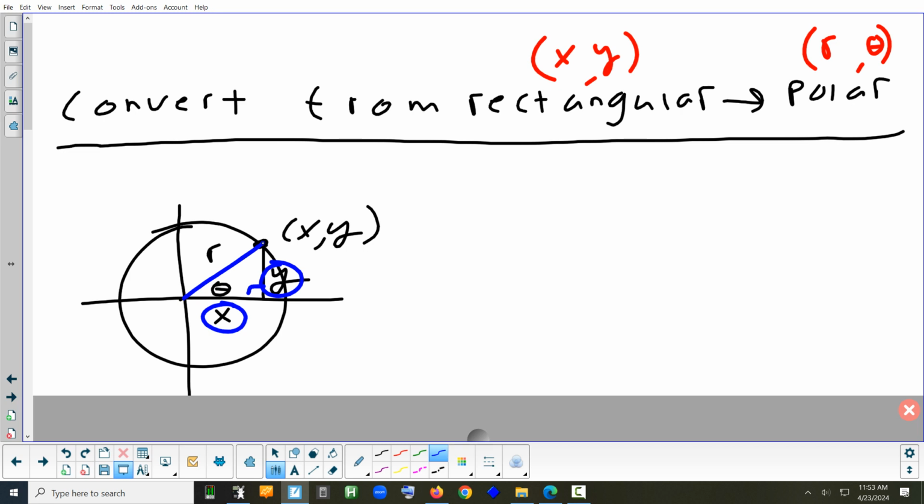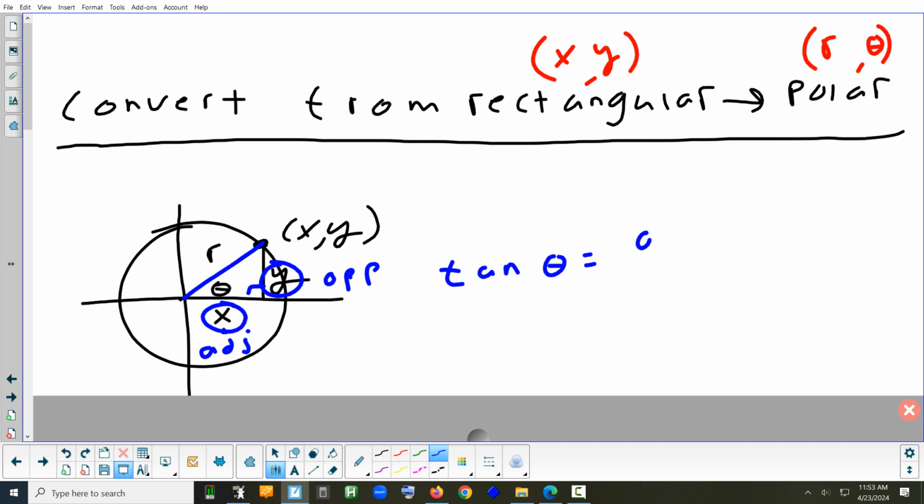Right, we need to use Pythagorean theorem to find the R. And then what side is X? Let me say it this way, what position is X? That's adjacent. What position is Y? And what trig function involves opposite and adjacent? Tangent.